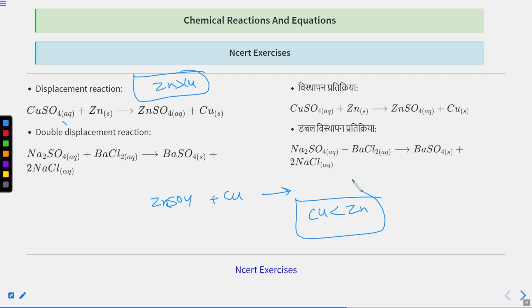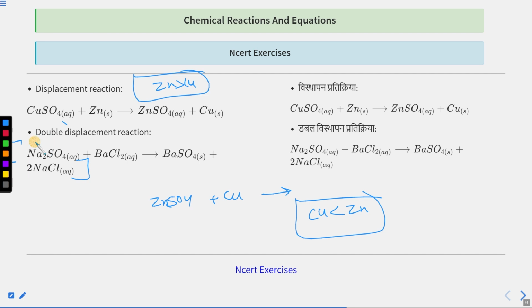Next is double displacement reaction. Na2SO4 plus BaCl2 gives BaSO4 plus 2NaCl. Sodium sulfate reacts with barium chloride, and you get BaSO4 plus 2NaCl. In this reaction, exchange of ions is taking place, and if exchange of ions is taking place in a reaction, that particular reaction is named a double displacement reaction.